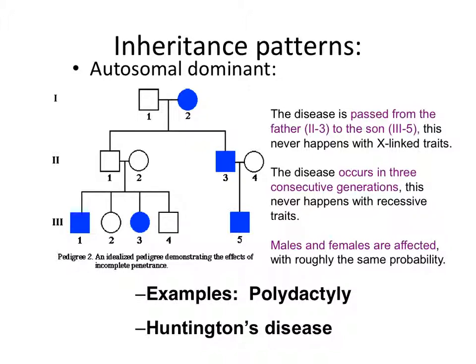If a trait is dominant and it's found on an autosome, you want to look for the trait happening in consecutive generations, meaning that every single generation is going to have that specific trait. In this example, the disease happens in 3 consecutive generations, and males and females are affected with roughly about the same probability.